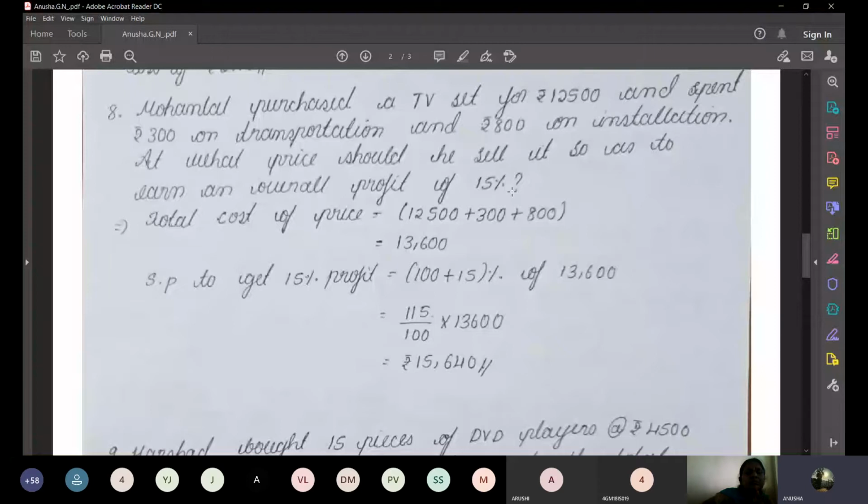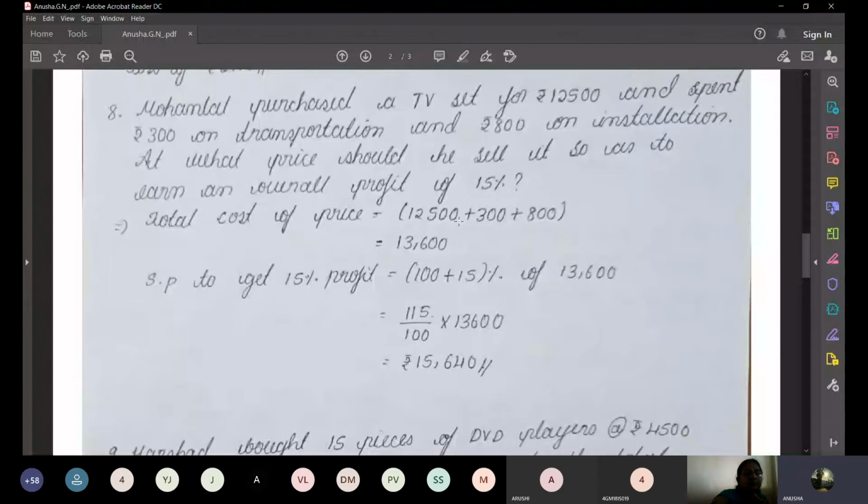They gave a profit, so we need to add 15% to 100, so we will get 115. Then we need to add all three things: 12,500 plus 300 plus 800.